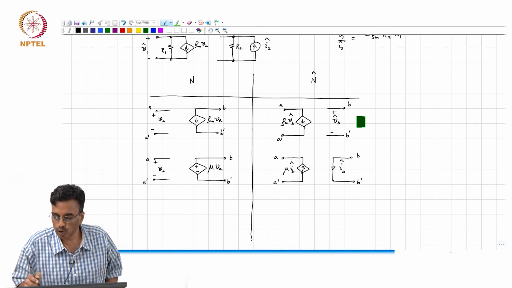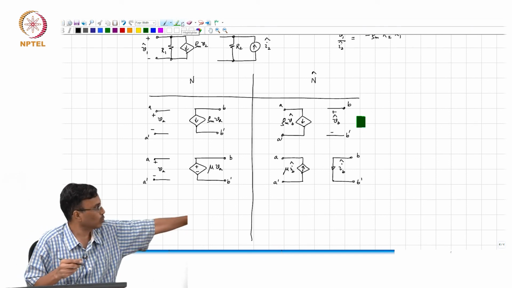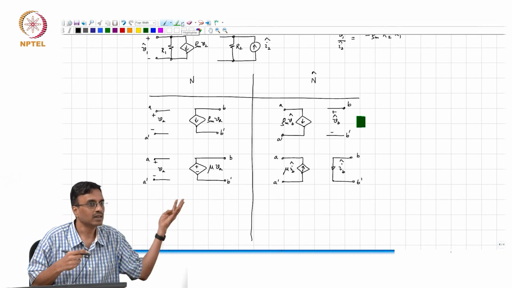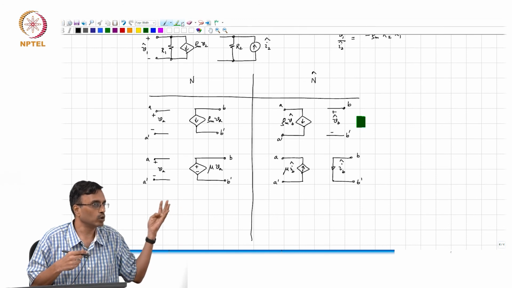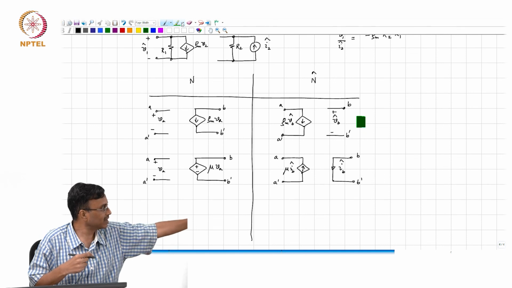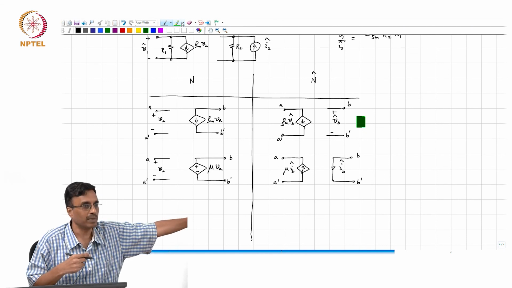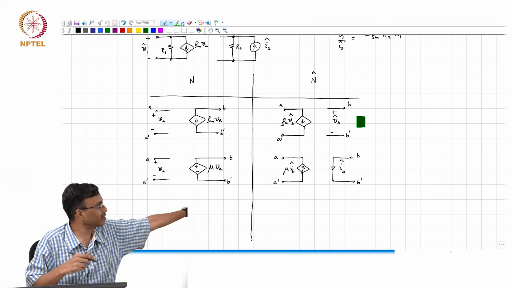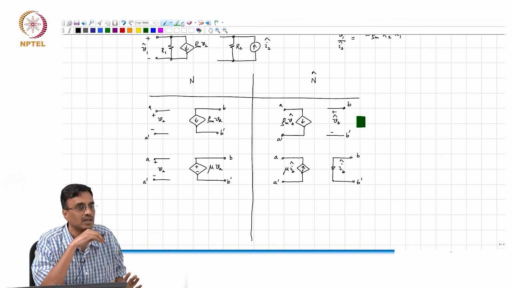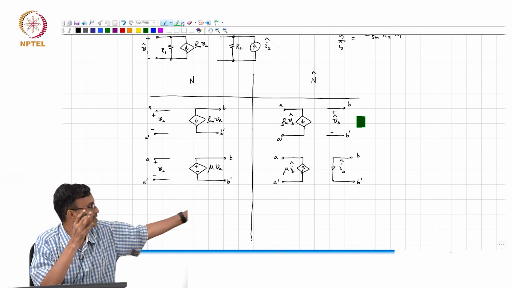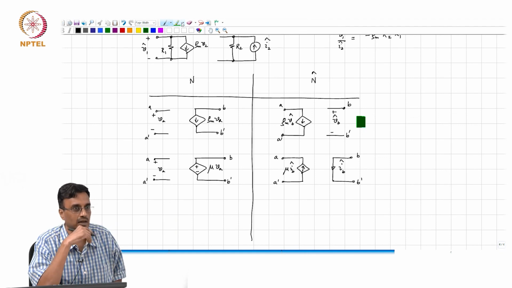A tempting thing to do would be to put a voltage controlled voltage source on the other side where the controlling and controlled ports are flipped, right? The way to remember that is that when you set the controlling parameter mu to 0, the impedances on both sides must be the same on the left side as well as on the right.